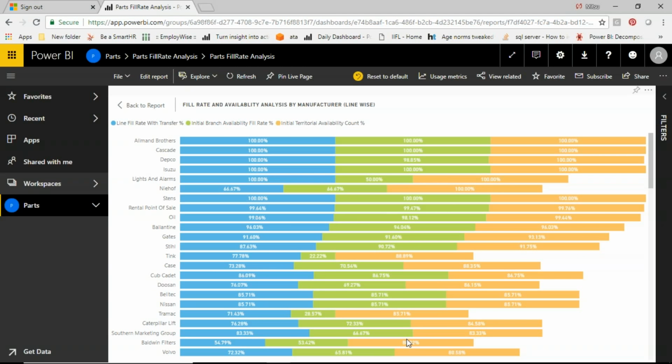I see, I got you. So of course you can break it down and look at the specific branch as to who's doing well and who's not, but even looking at it as a whole, it gives you some information. Very cool.